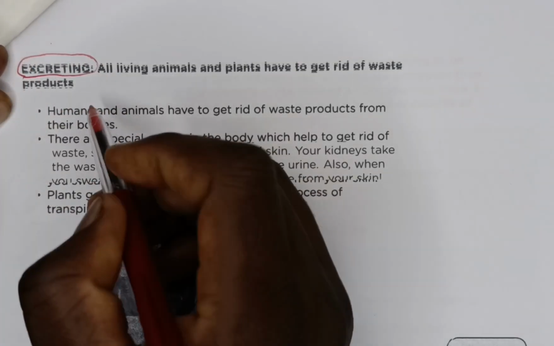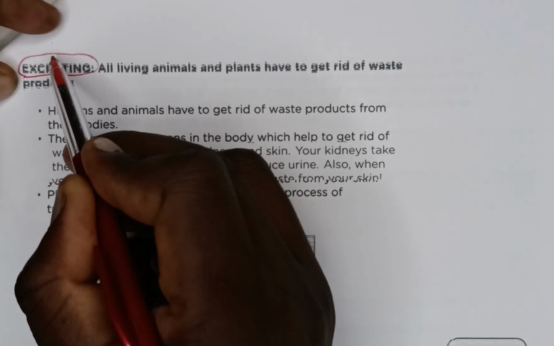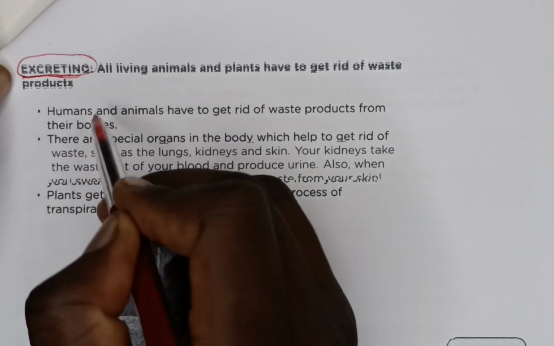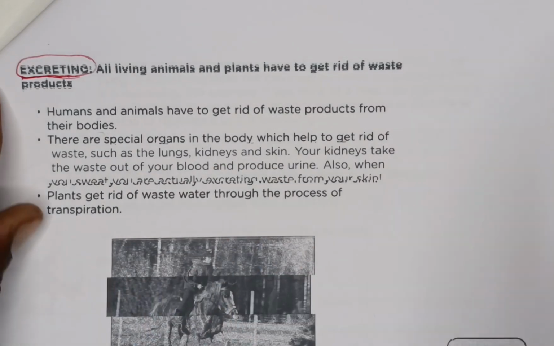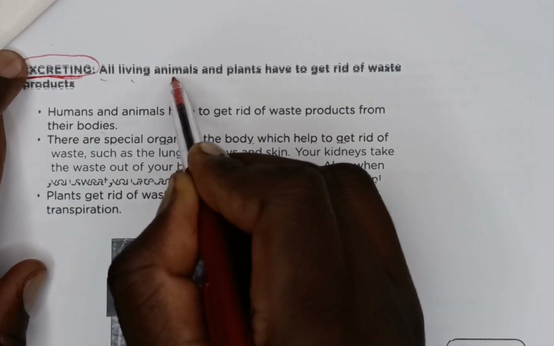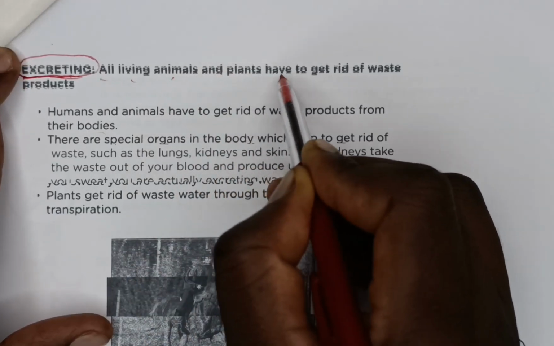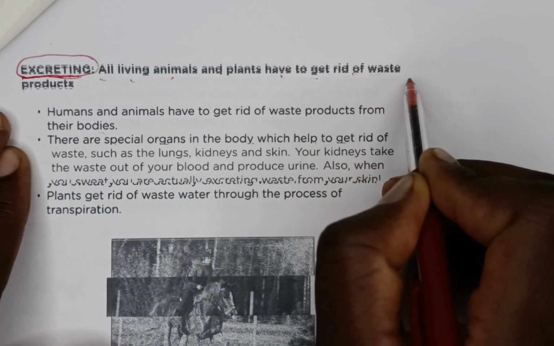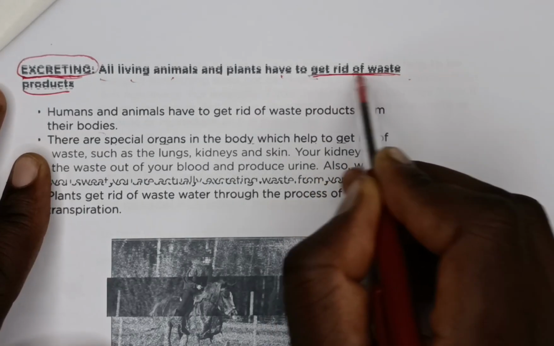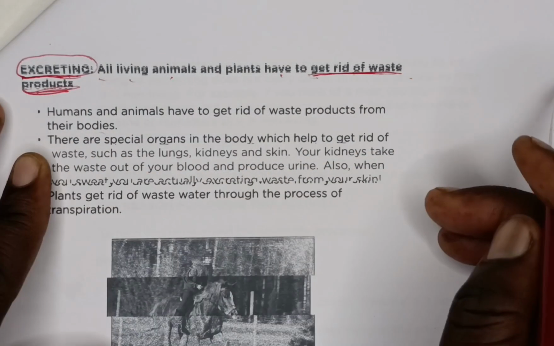Excreting. What is excreting? Excreting is getting rid of waste product from your body. All living animals and plants have to get rid of waste product.